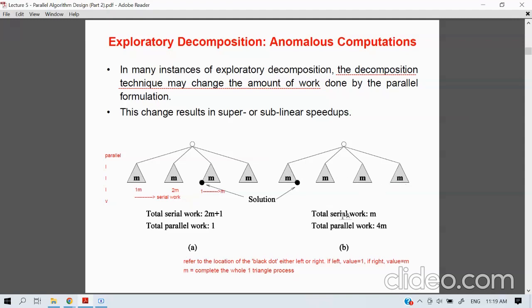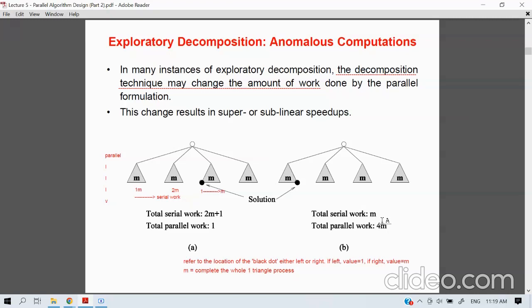So that's why the total serial work for this diagram is equal to M. Why M, guys? Because it has already reached the right side and has gone through the M process. It only went through triangle number 1. So it is M.